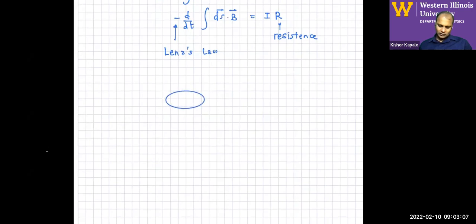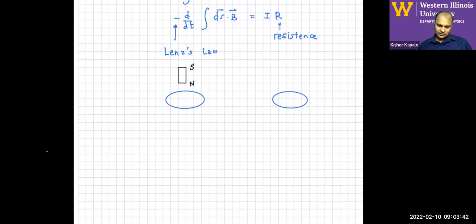Let's take a loop of current. And let's bring a magnet. Draw a magnet, and let's bring the magnet in such a way that the north pole is facing the loop and the south pole is away.